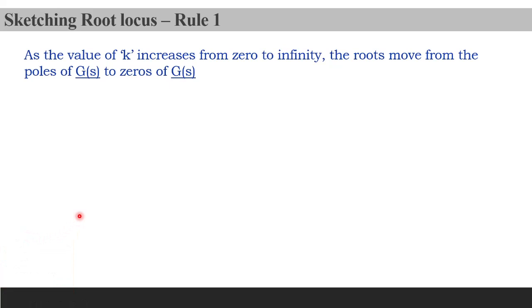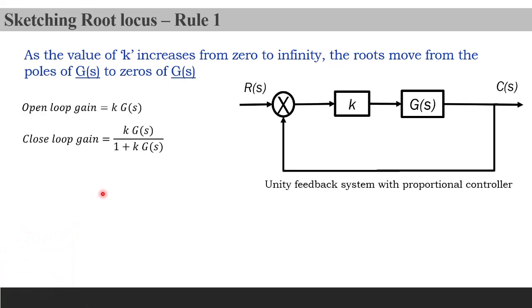All right, cool. Let's say we assume a simple proportional gain controller, and like we have seen this controller before, we can write its open loop gain as K G(s), and we can write its closed loop gain as K G(s) over 1 plus K G(s), because that's the system when your unity feedback is open.